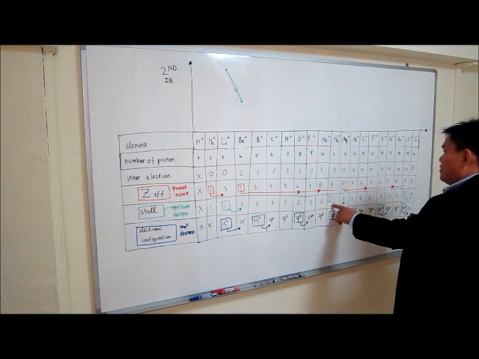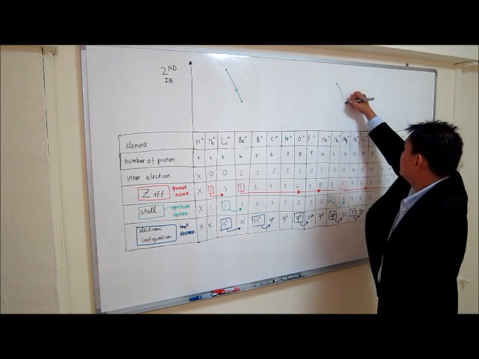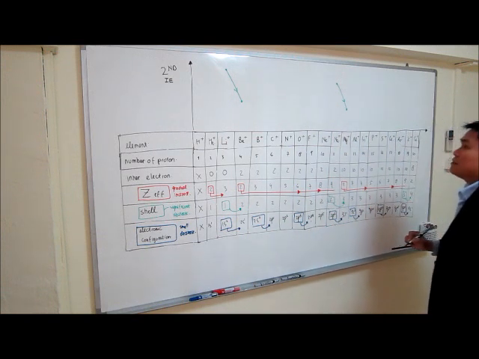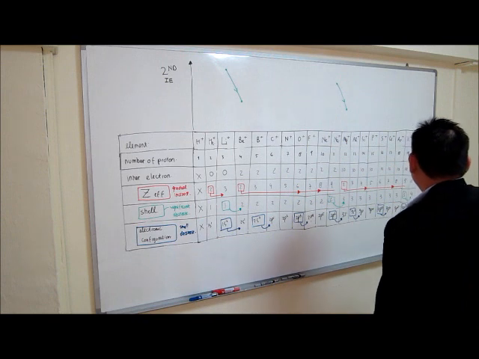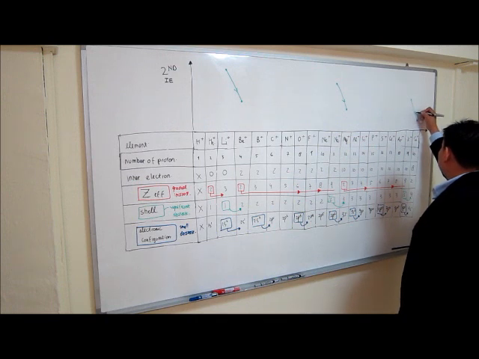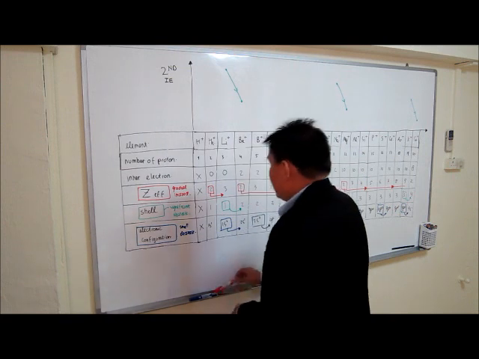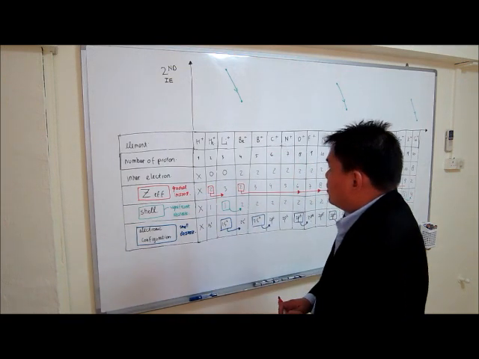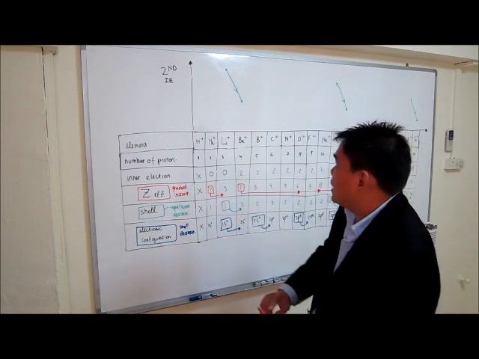Similar things happen from Na+ to Mg+. Also a significant decrease, so we see that the gradient is very sharp downwards. Also from K+ to Ca+. Now that is the effect of adding more shells.